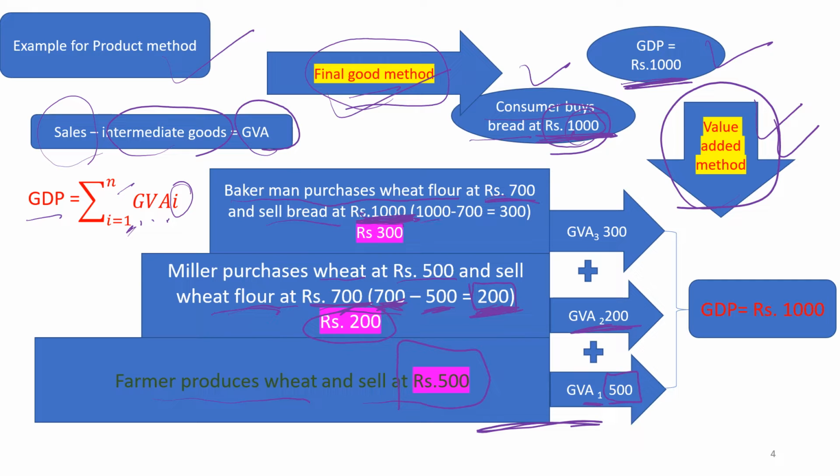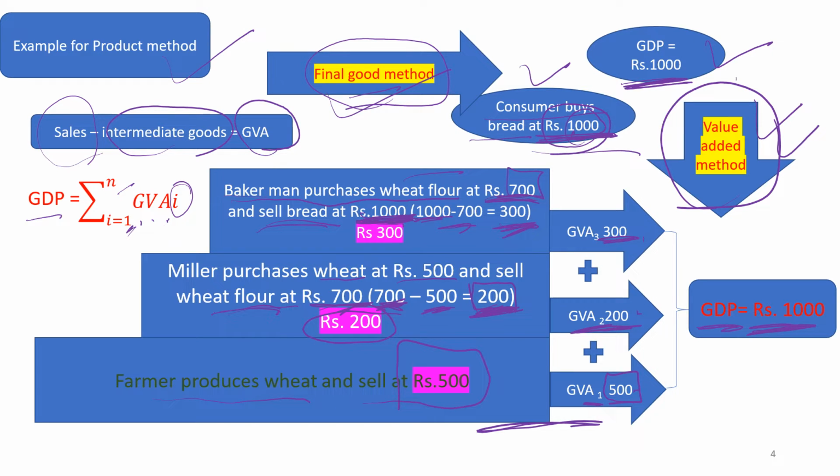But here he sells at 1000, while he uses wheat flour whose cost is 700. If we deduct that 700, you will get 300. So the baker is charging 300 rupees for converting wheat flour into bread. What is the value added by the baker? That is only 300. If we add 500, 200, 300, again you will get rupees 1000, which is equal to the value of the final good.